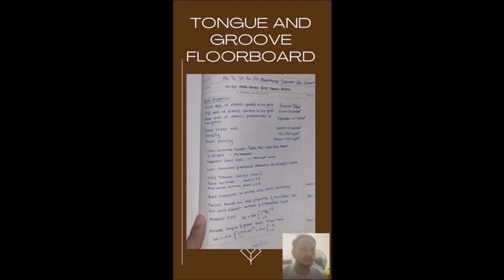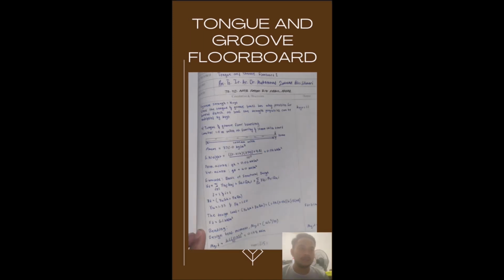And then we can assume the tongue and groove board is 16 mm thickness. So kh is equal to the mean. Based on the calculation at page number 2, we can find the next calculation on page 3.